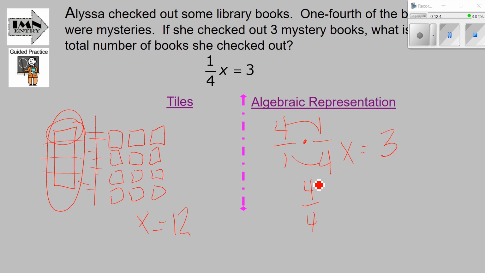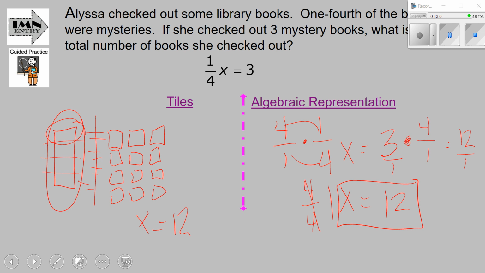Well, guys, 4 over 4 is 1. And 1x equals 3. But we have to also come over here and do the same thing on this side. Well, 3 times 4 is 12. And 12 over 1 is 12. So x equals 12. Okay?